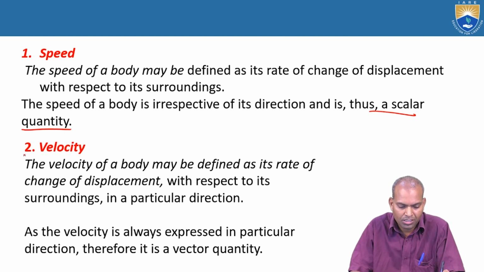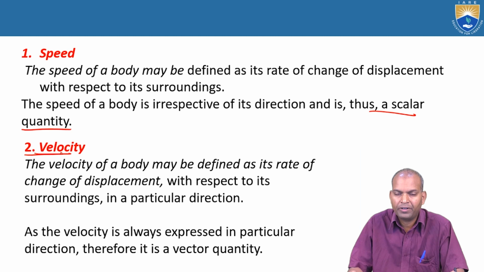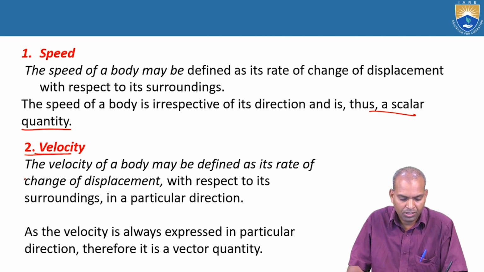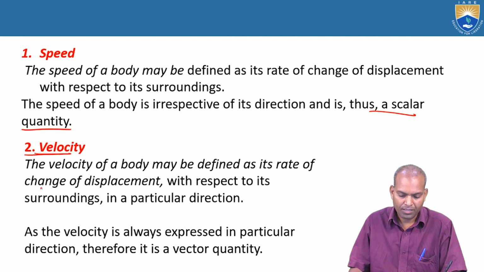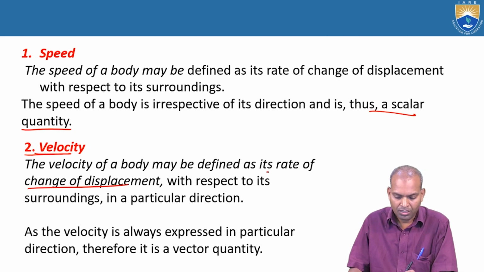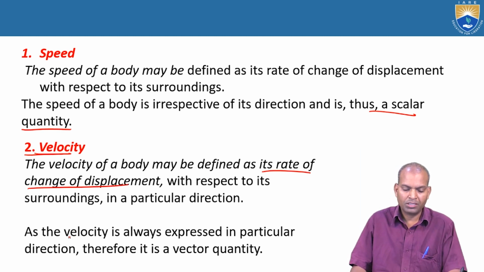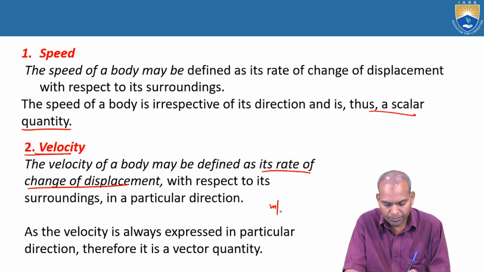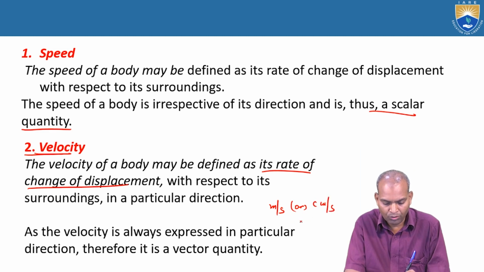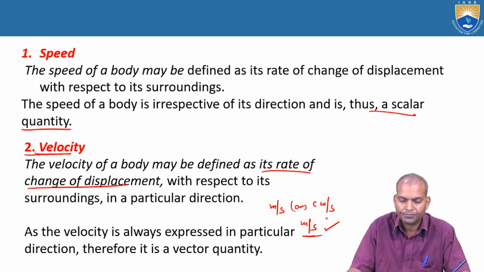And what is velocity? Velocity is defined as the rate of change of displacement with respect to time. The unit for velocity is meter per second, or centimeter per second also, but generally we follow meter per second.